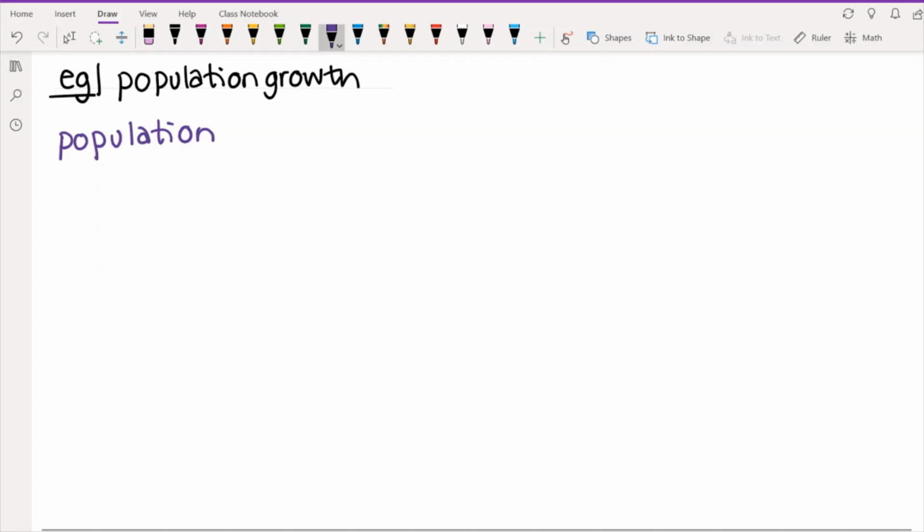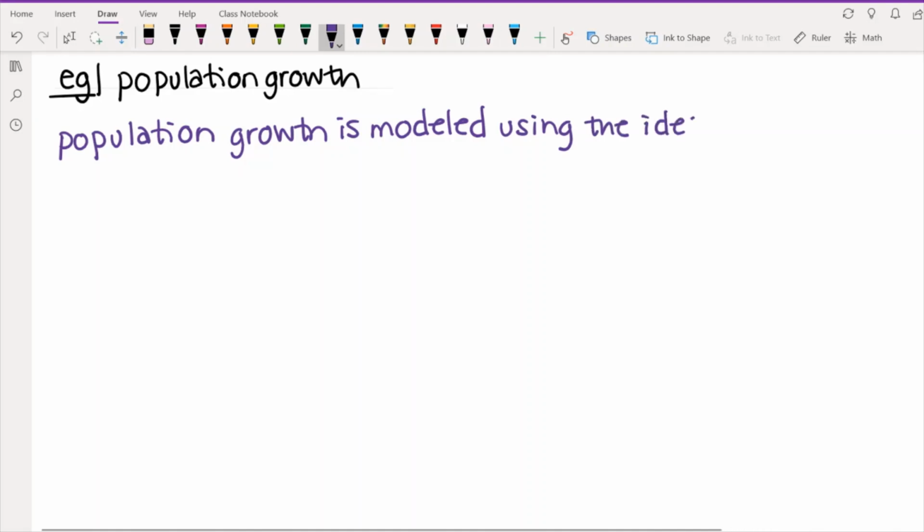So population growth is modeled using the idea. When I say modeled, that just means that we can't make an equation that perfectly tells you exactly what a population is going to be after a certain amount of time. So modeled just means that we're approximating it.